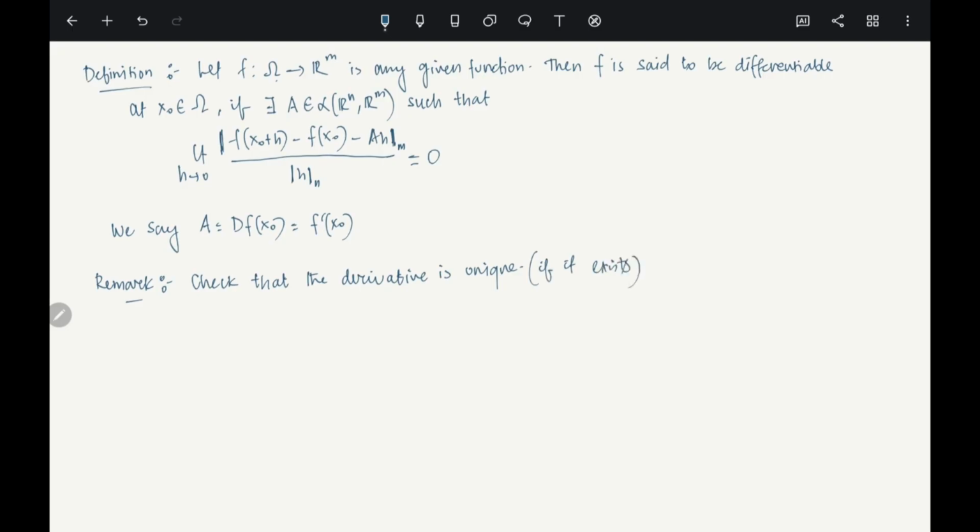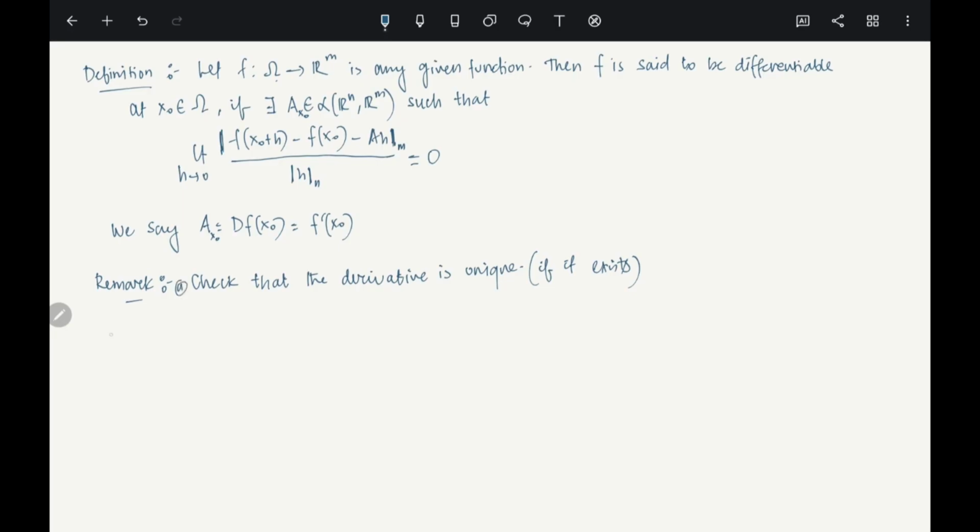And please remember that this A depends on the point x naught, okay? So let me write it this way: this depends on the point x naught. So basically if you change x naught, A is also going to change. So this is not one linear transformation for all points in omega, right? For every point you have one unique linear transformation, okay?